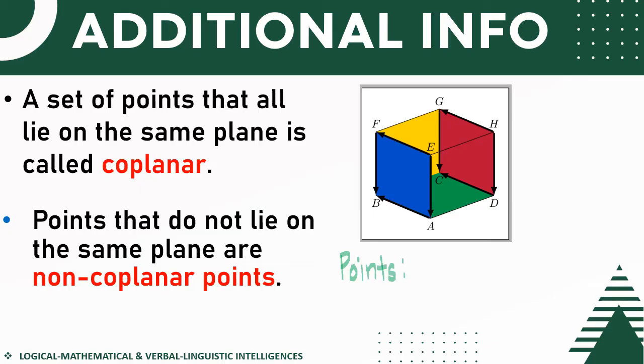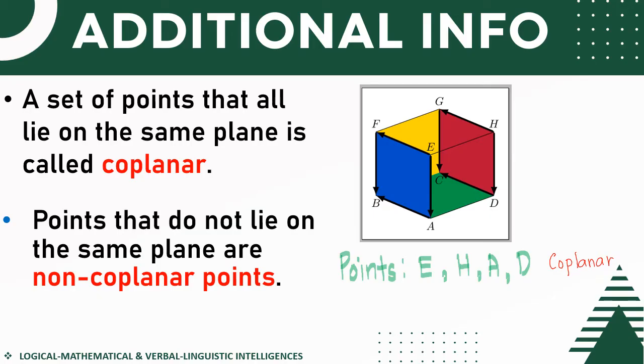At the front view of our illustration, we have point E, point H, point A, and point D. They are considered coplanar points because all of these points can be found in the surface, or in the front view, of our figure. We can find them in one surface only.